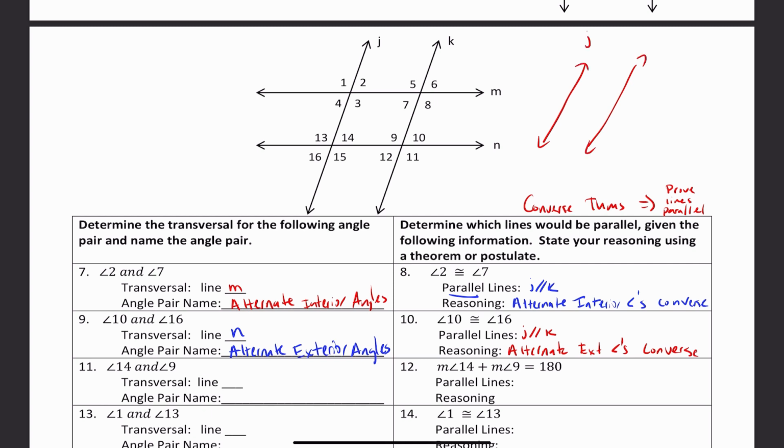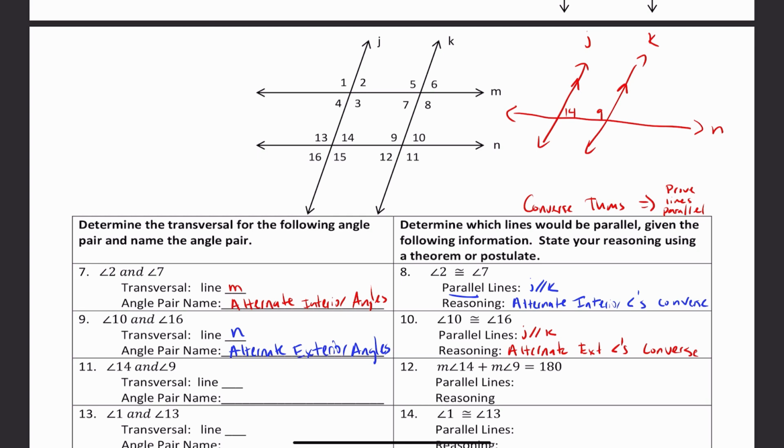So here's J, here's K. This is line N, so 14 and 9. Notice that these lines are parallel, cut by a transversal. 14 and 9 are on the same side of the transversal, and they're both inside.